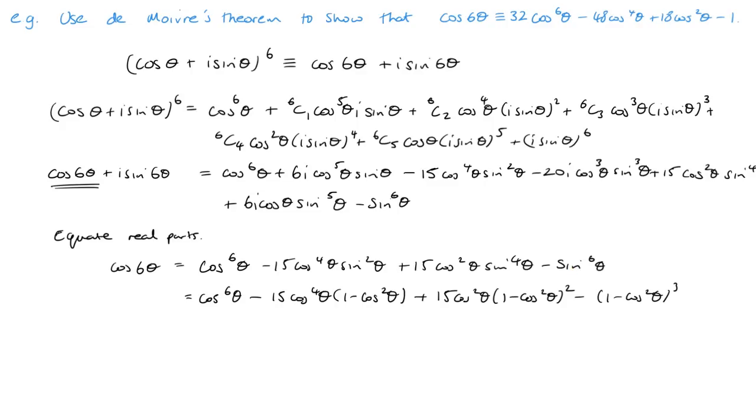So taking out a cos squared theta and raising it to the power 3, taking out a sin squared theta and raising it to the power 2. Now I can expand all of these. So I get 15 cos^4 theta plus 15 cos^6 theta.